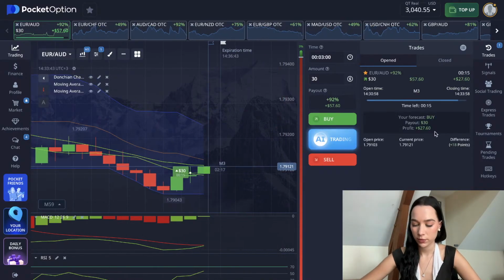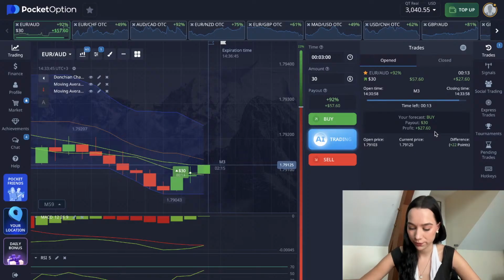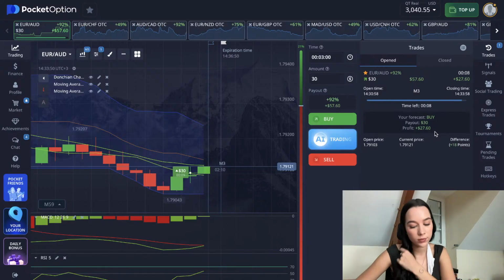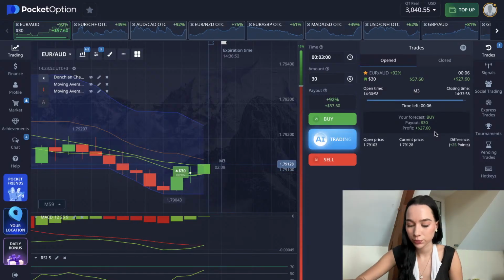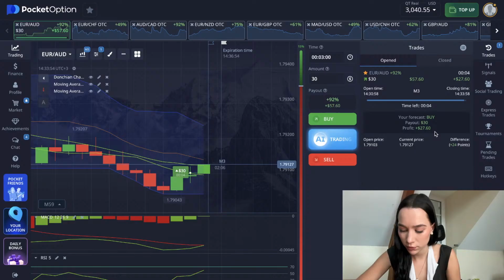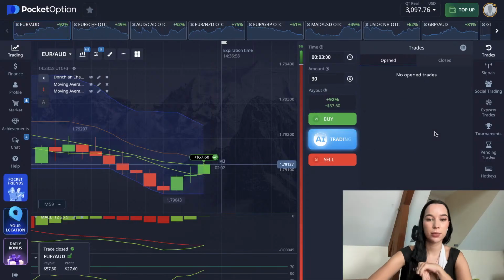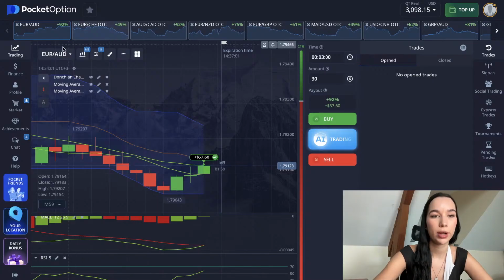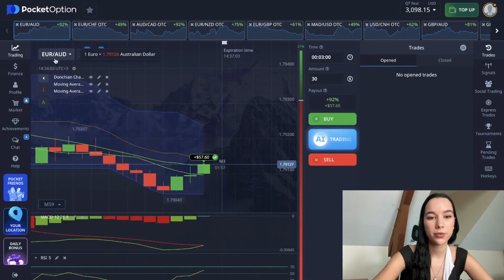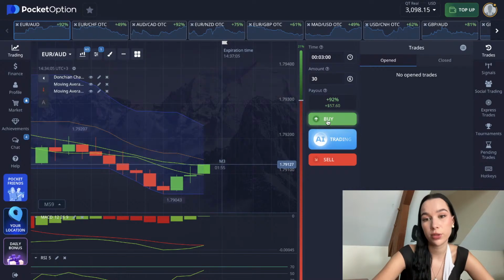So yeah, we got pretty good results actually. So now it's 1 second and we close it. Okay, perfect. We can find some other situation to open a trade.